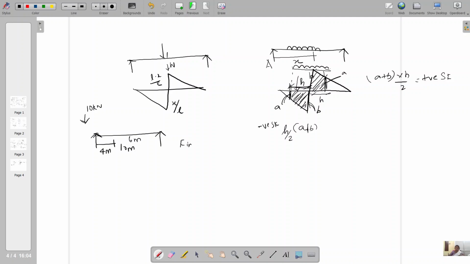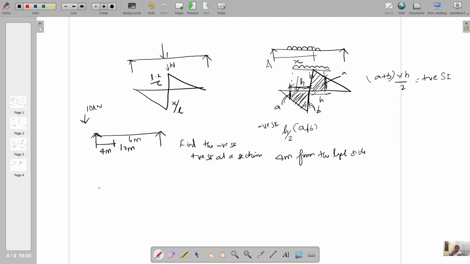So find the negative shear force and the positive shear force at a section 4 meter from the left side. So this is the problem statement. So I am marking 4 meter here, remaining 6 meter here.